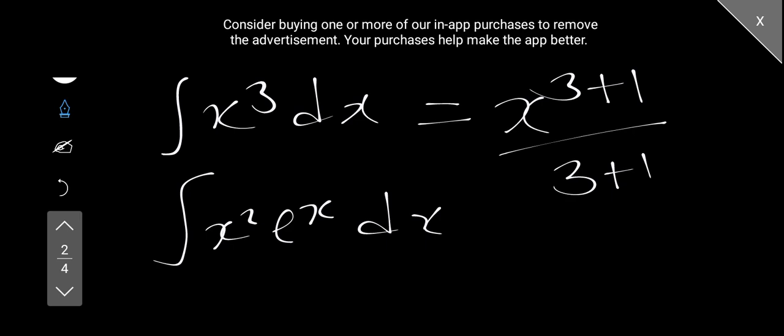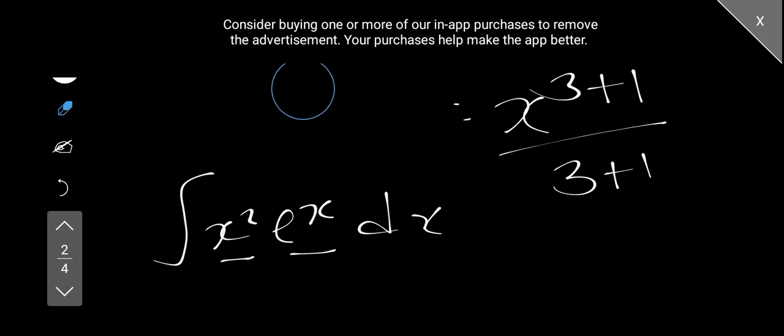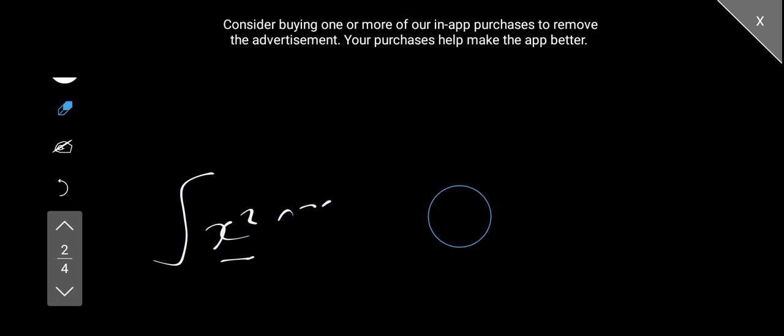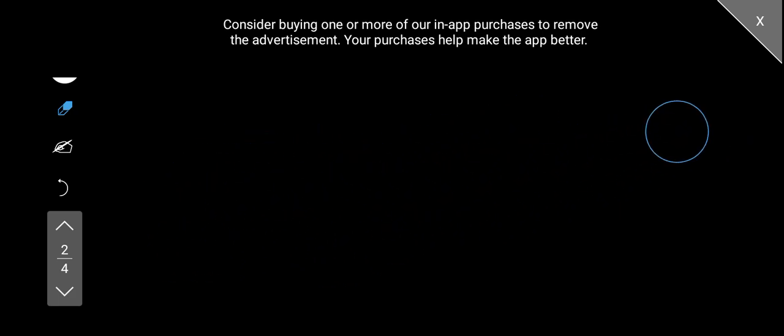The formula will not just be used on this one, where we add the powers. Since we have two functions, we have x squared and e to the power x. Therefore, the formula cannot work. So what do we do? This is where we use what we call integration by parts.